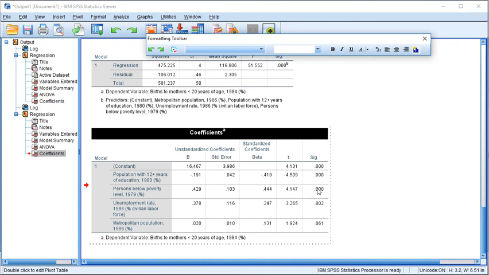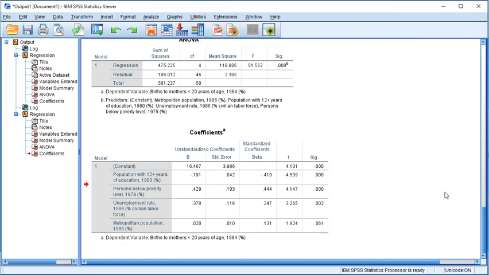And that's how you go about generating a regression model in SPSS and interpreting the output that you're given. One last thing I'd like to point out in terms of the SPSS output for the regression routine is the column labeled standardized coefficients, or beta.